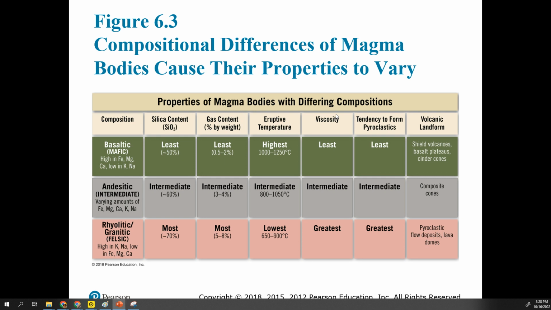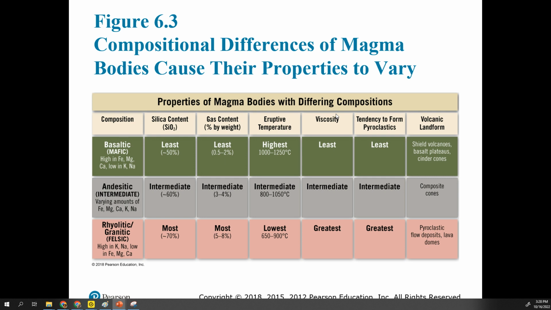This chart is in your book, and it's incredibly important because it really ties everything together in terms of what the composition of the magma has to do with everything else. So first, looking at that composition, we have basaltic, andesitic, and rhyolitic. Remember that from our igneous rocks. Basaltic, again, being our mafic.